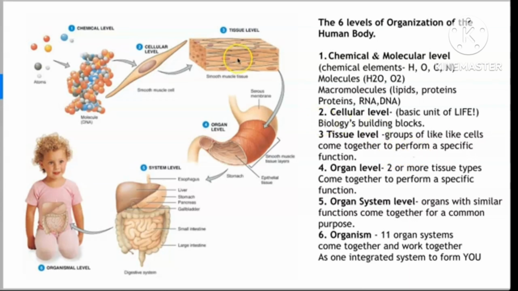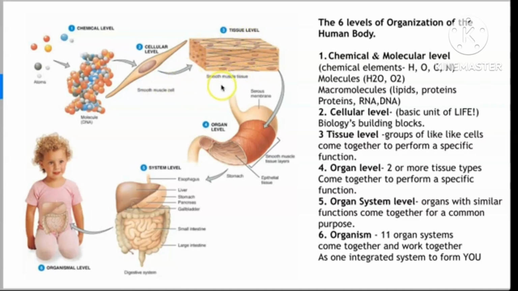Now, we have more than smooth muscle tissue. We have other types of tissue in our body, but we're just going with this one for demonstration purposes. So we're taking our like cells and putting them together to form a tissue.